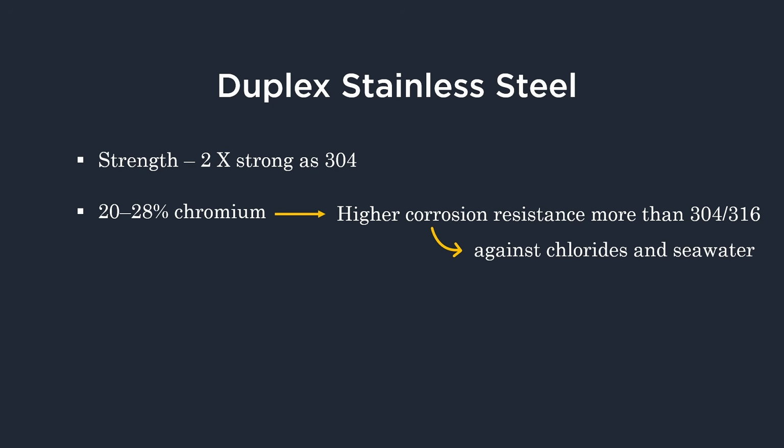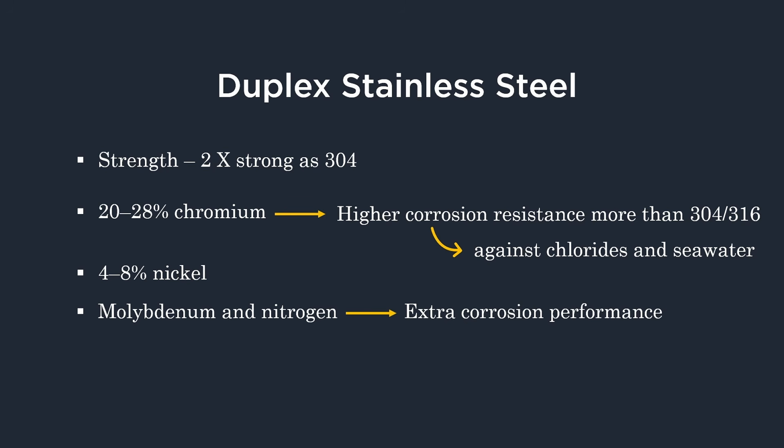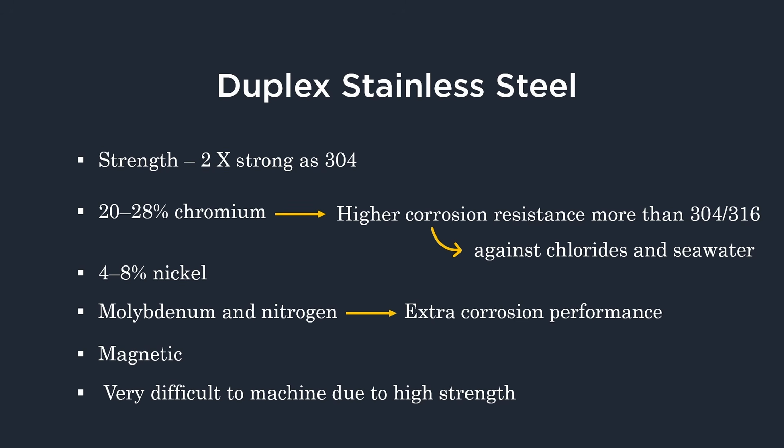They typically contain 20 to 28% chromium, 4 to 8% nickel, and also often molybdenum and nitrogen for extra corrosion performance. However, duplex stainless steels are magnetic and also very difficult to machine due to their high strength. So the fabrication needs proper tooling and control parameters.